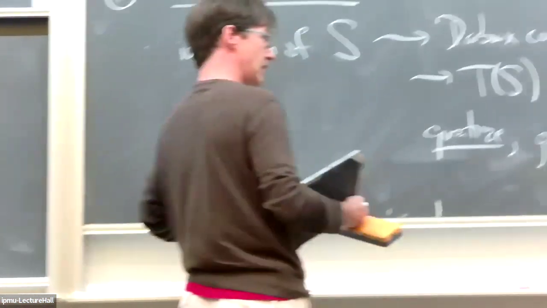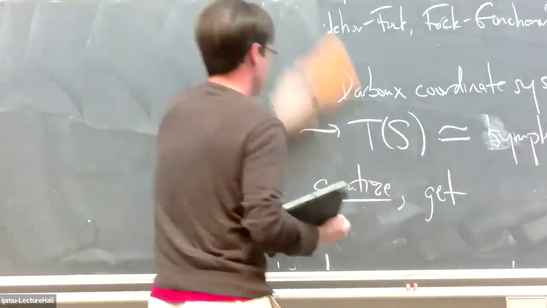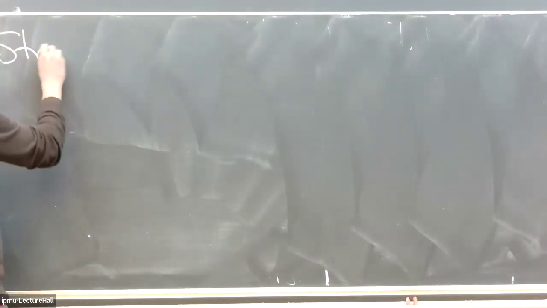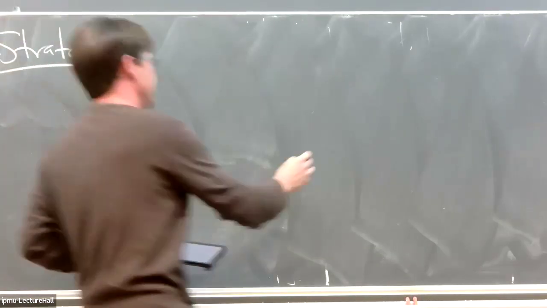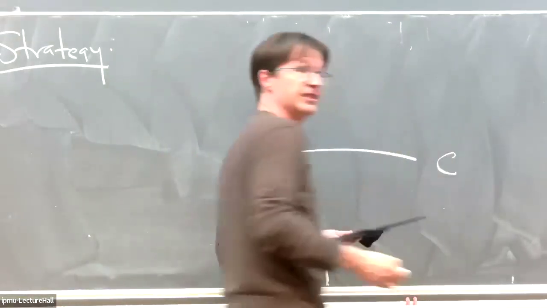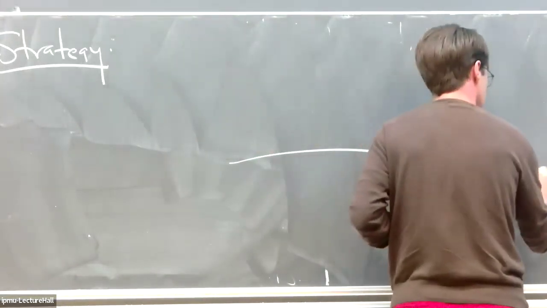And let me also say what the basic strategy is going to be. It's something that I think will be very familiar at a Higgs bundle conference. We're trying to study something on a Riemann surface C, and the thing we're trying to study has something to do with SL2.